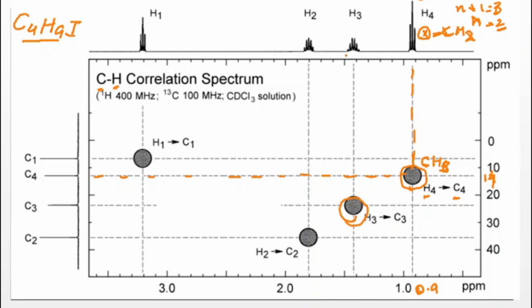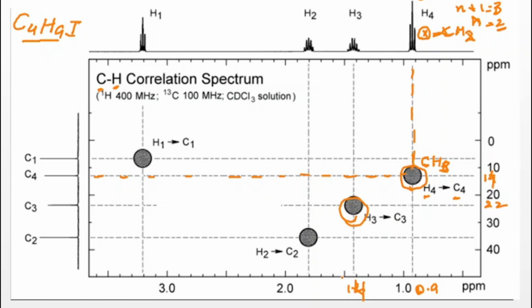And now, this is the 3, 4, 5, 6. This is the 6, and it is correlating with the 3, and the delta value is about 22, almost 22 to 24, and this is in the range of about 1.4 to 1.5 delta value.